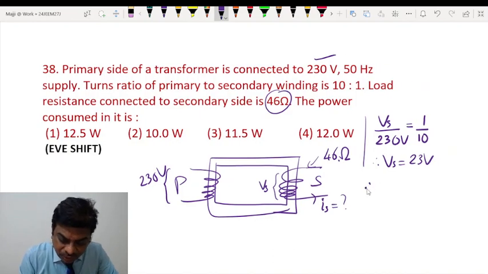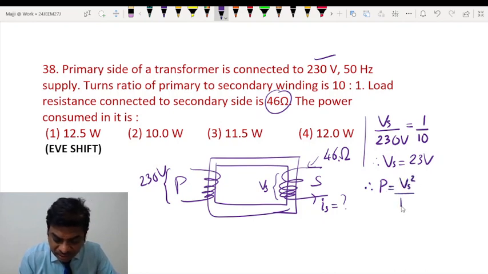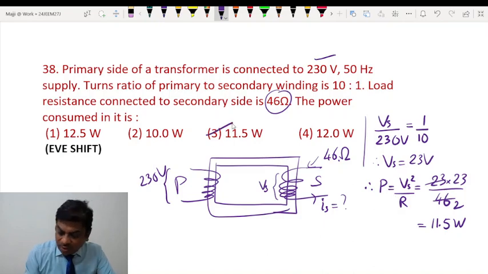Therefore the power consumed will be voltage squared upon resistance. So voltage is 23 into 23 upon 46. Half of 23 is 11.5 watt. So the third option is the correct option.